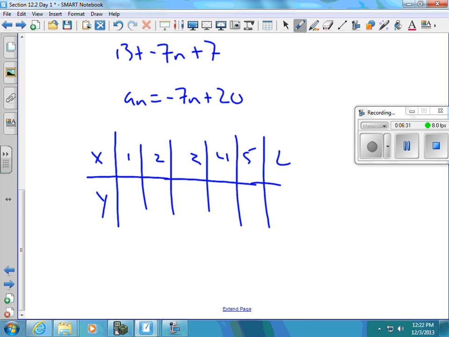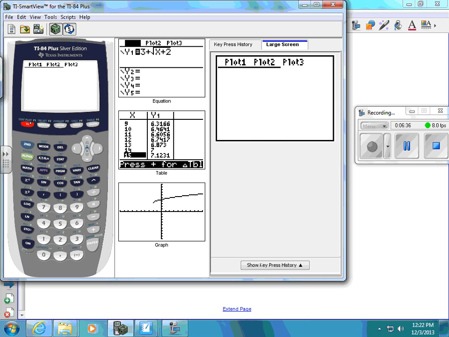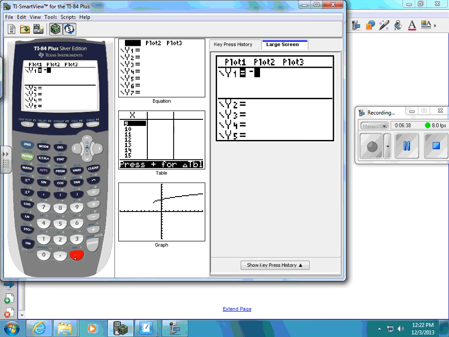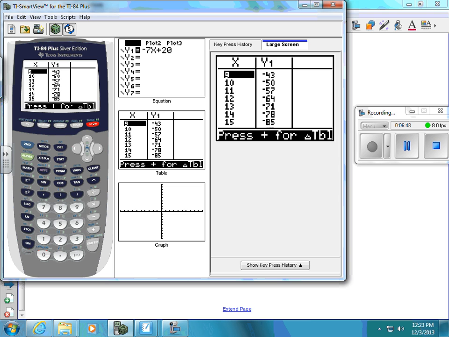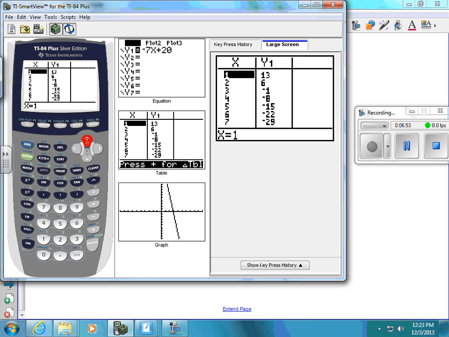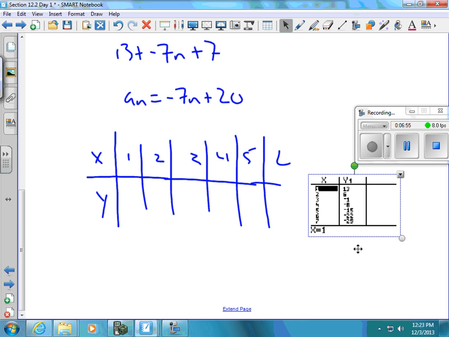The fastest way is to go to your graphing calculator, put in negative 7x plus 20, go to the table, and make sure 1 through 6 show up. There are our first 6 outputs: 13, 6, negative 1, negative 8, negative 15, and negative 22.